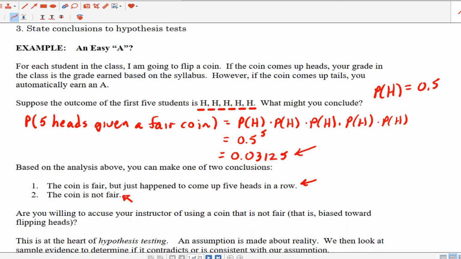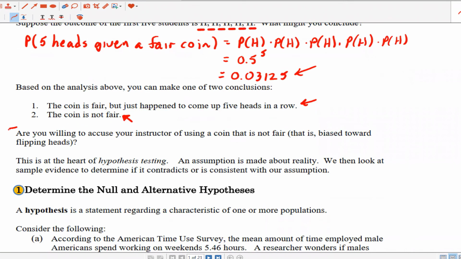Maybe it's a two-sided coin where both sides are heads, and you're willing to accuse the instructor of rigging the game against the students. So that's the question that you have to ask yourself here. Are you willing to accuse your instructor of using a coin that is not fair, that is biased towards flipping heads?